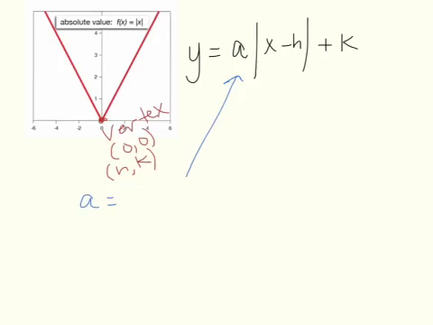So if our a is greater than 1, then we're going to have a vertical stretch. And what that means is our graph, that V, is going to get really narrow.